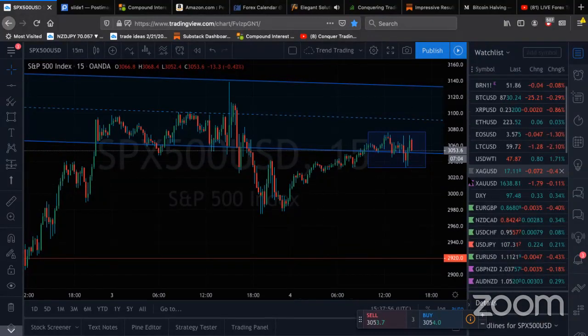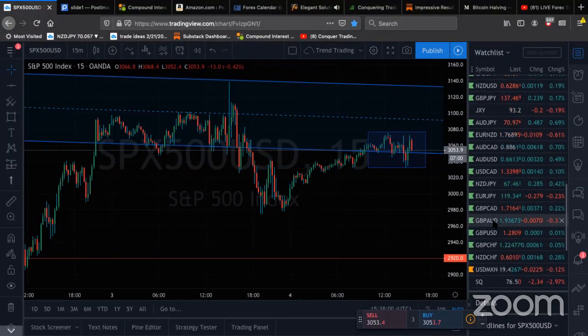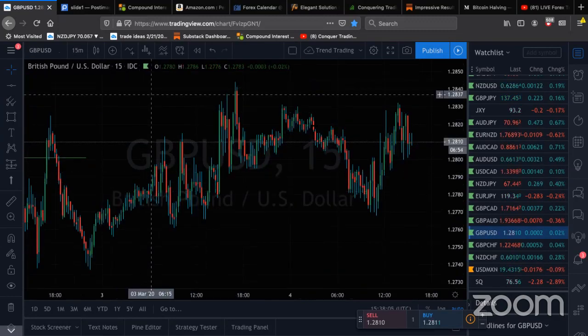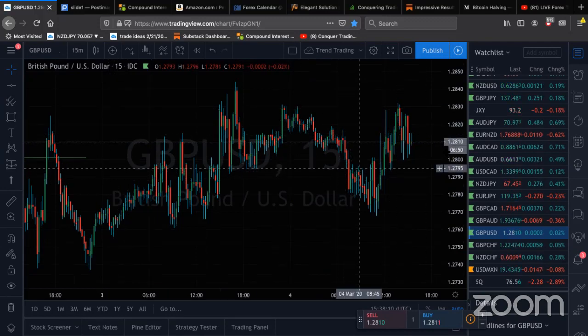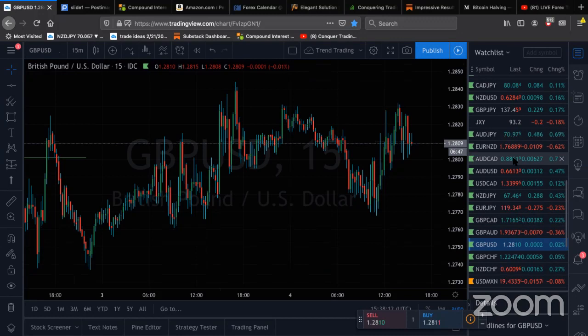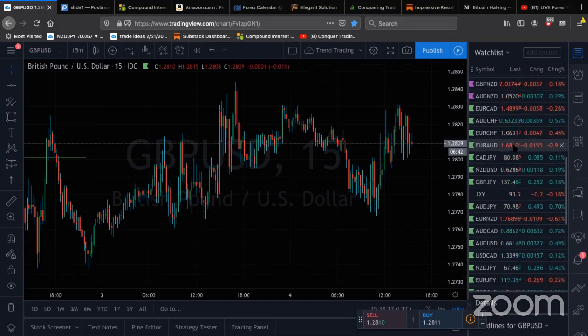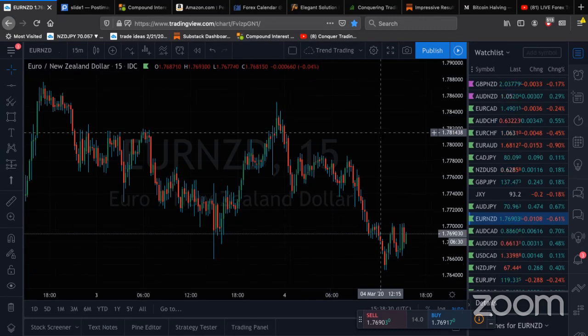But instead of focusing on where the markets are not moving, for example the pound US dollar, which is unchanged on the day and trading sideways, stay away from sideways price action and go to where things are moving. For example, the euro Canadian dollar, the Australian dollar Canadian dollar, or euro Australian dollar. Euro New Zealand dollar. Focus where there are big moves and stay away from that sideways price action.